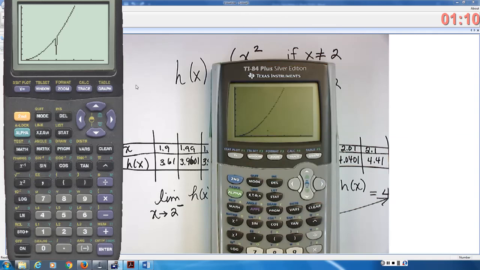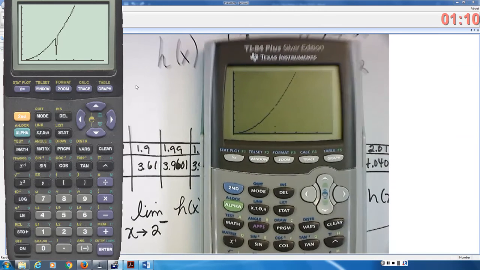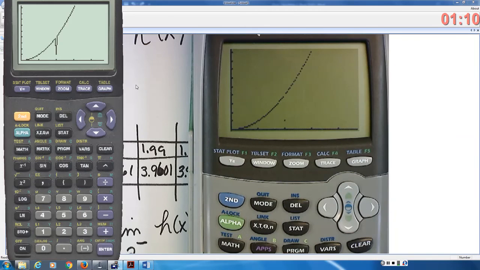Okay. Everybody see my TI-84 screen here? Shows you the hole, and it shows you the point.